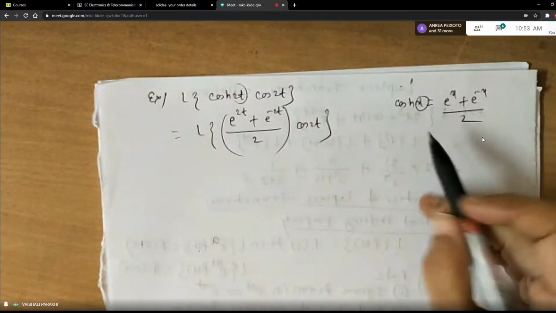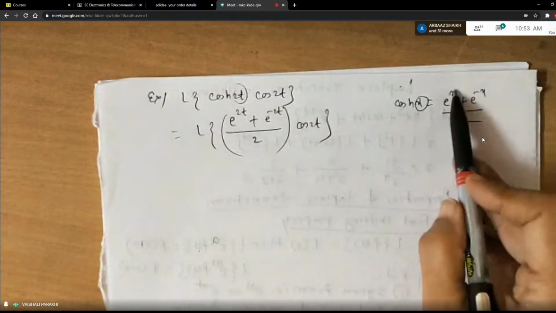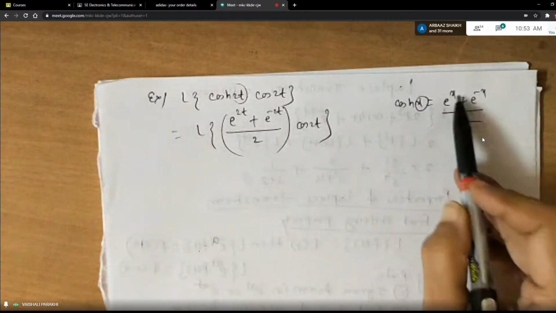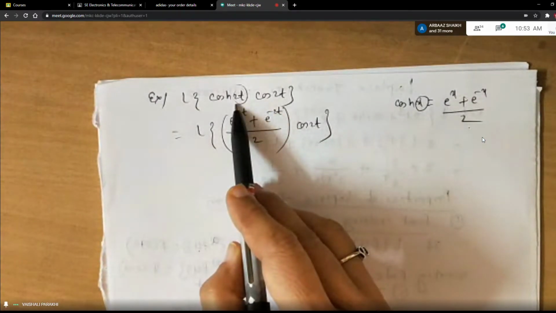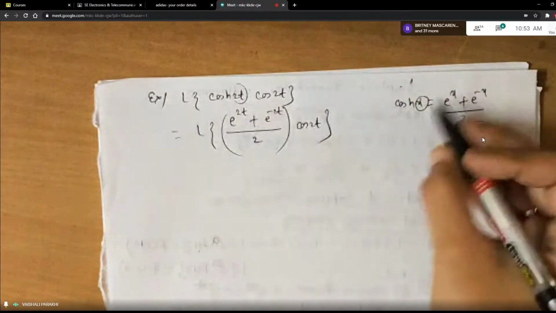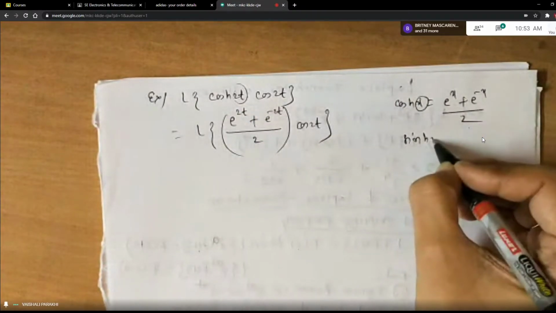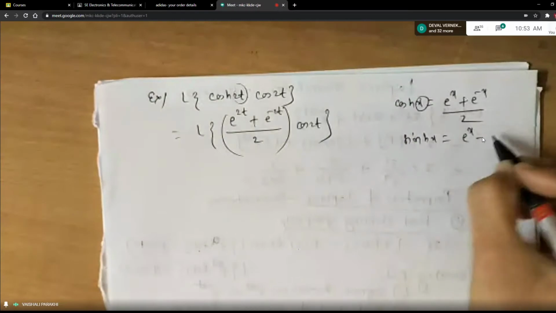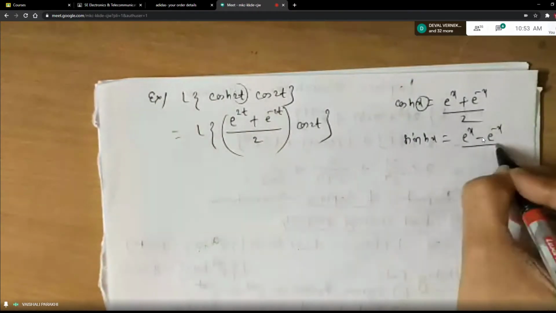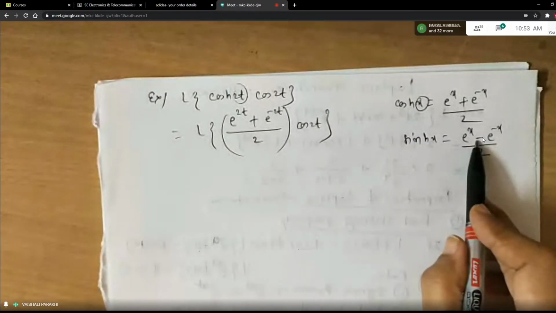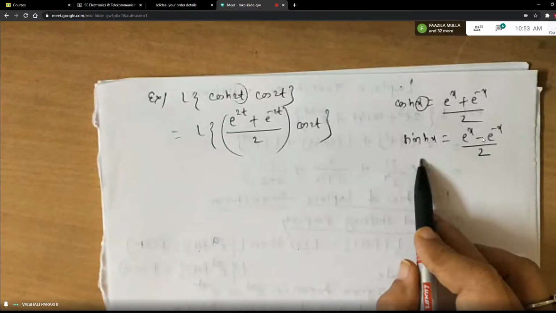So see if you have understood. Cos hyperbolic of x, e raised to x plus e raised to minus x by 2. X is replaced by 2t. Now in place of cos hyperbolic, suppose you have sin hyperbolic of x. This formula also I have given you. It is a similar formula, only the middle sign is minus for sin hyperbolic. Okay.